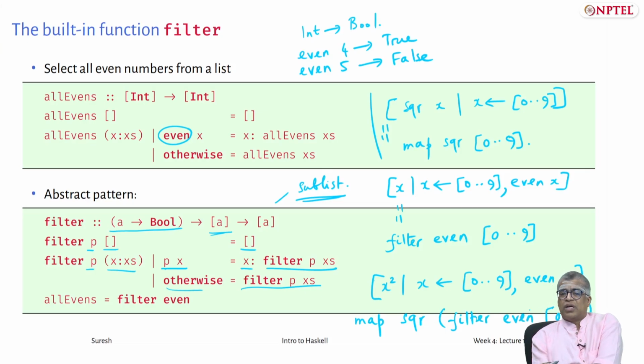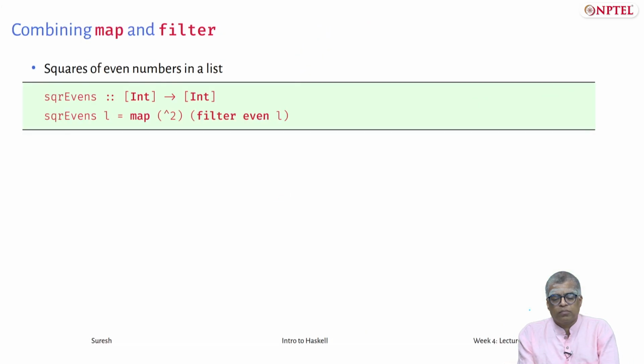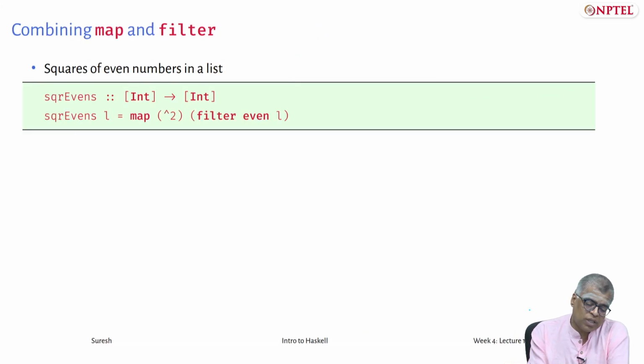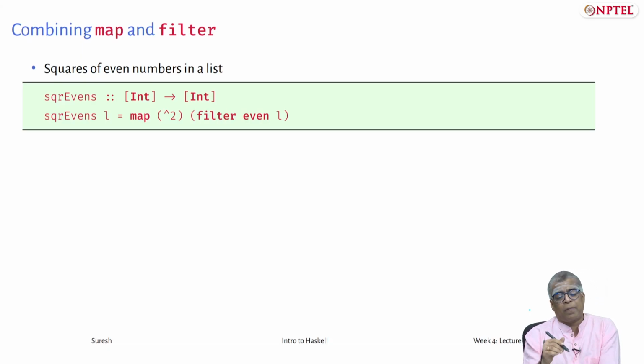This tells you exactly what is happening. You first filter out all the even elements in 0 dot dot 9 and then you map the square function on the resultant list. So that is the example that I am giving here. Now square evens of L is nothing but map the square function on filter even L.